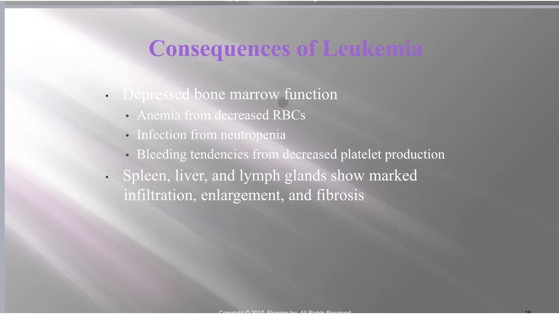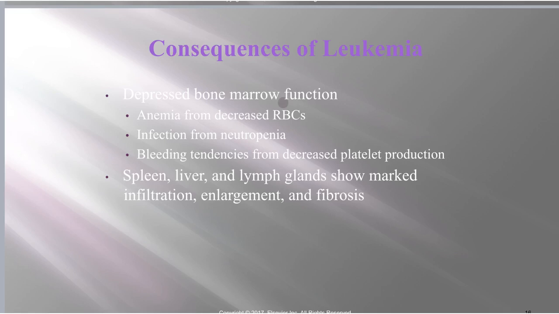So some things to think about with leukemia. This leads to weakened bones, so they can have severe bone pain. The leukemic cells will then get into the periosteum, and that's what causes it to be weakened. They can become severely anemic. Infections due to neutropenia. They are at high risk for bleeding tendencies, so hemorrhages, things like that.